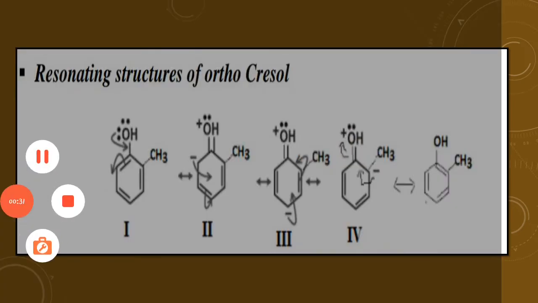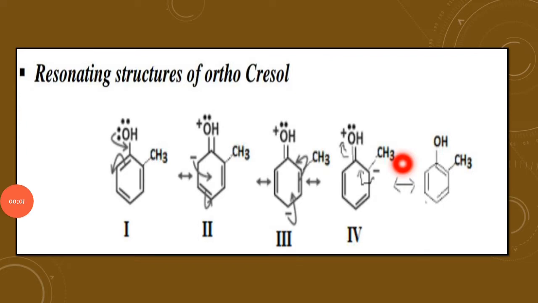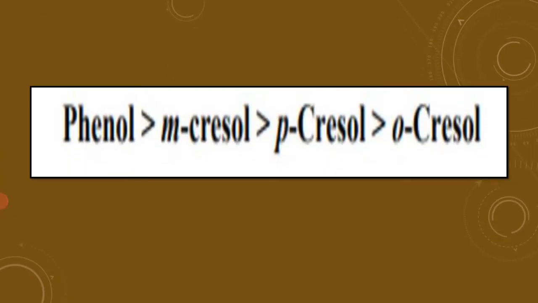Understood? Thus the acidity order is: phenol is more acidic than meta-cresol, then para, and then ortho-cresol. So ortho-cresol is the least acidic compared to meta and para-cresol.